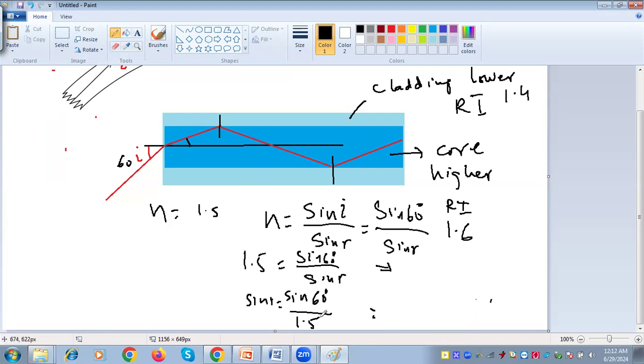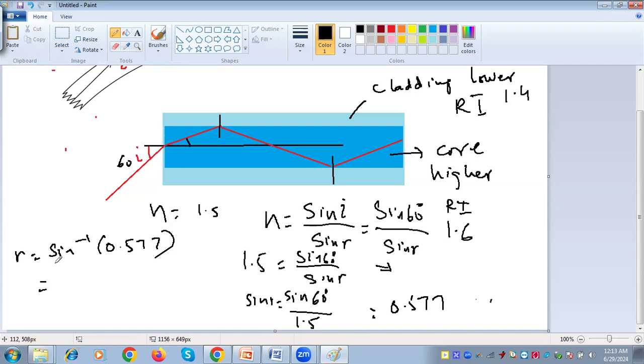So sine 60 divided by 1.5, that is coming 0.577. What is R? R is sine inverse 0.577. Okay, so what will we do?